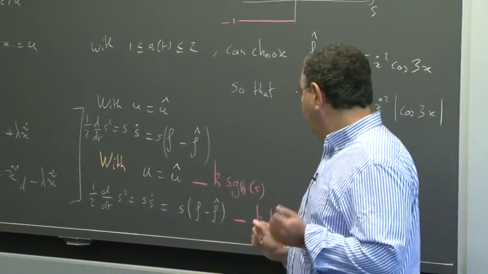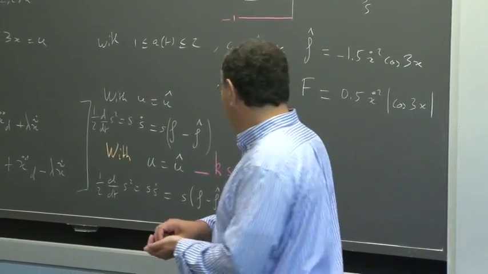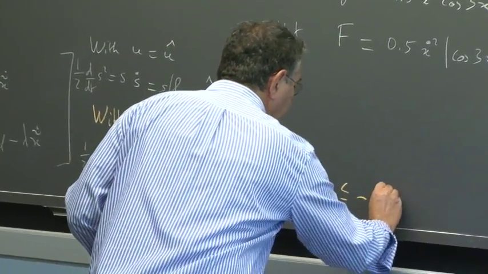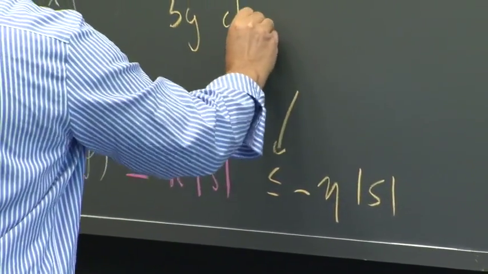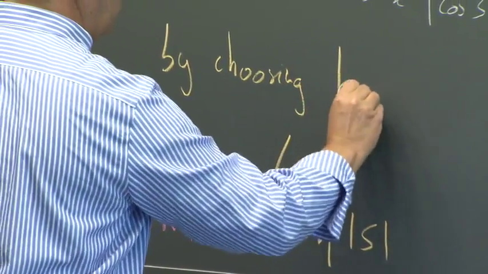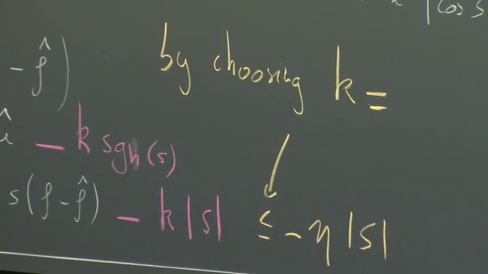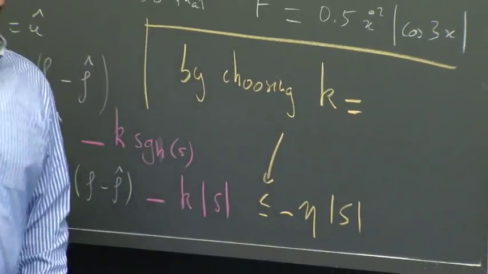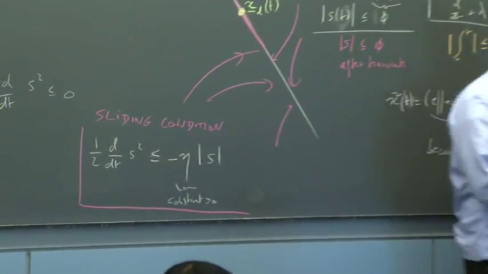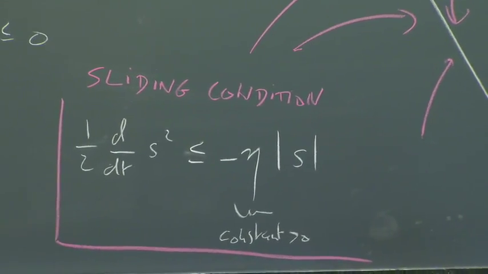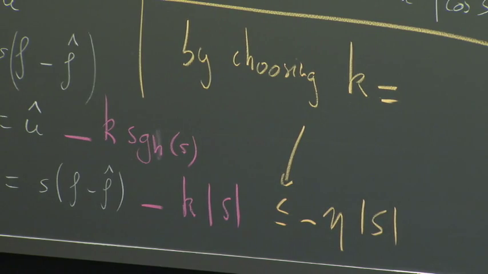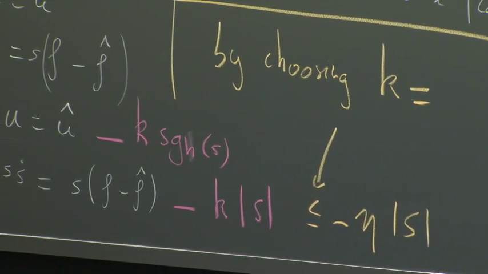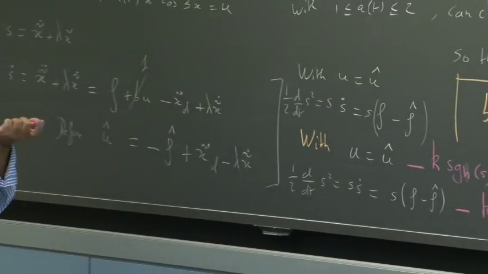So we see now what's going on. How can we make this less than minus eta absolute value of S? We can do this by choosing k equal what? We would like this to be less than minus eta absolute value of S. So we have this k absolute value of S term, which is nice, it looks exactly like we want. And then we have this other term. We don't know its sign, but we can bound it.